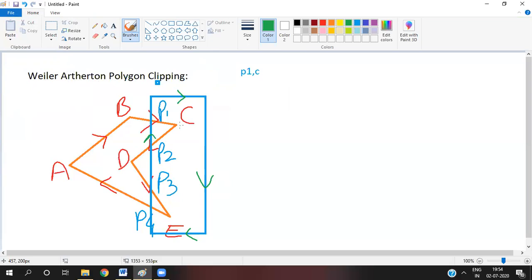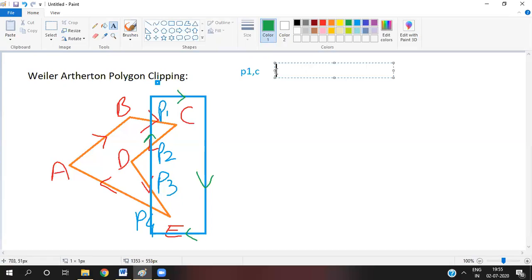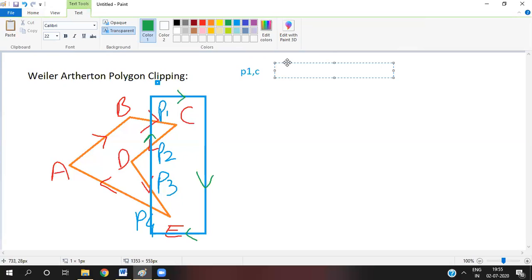Okay. Save P1 and C intersection points. Okay. Now we are moving from inside to outside. At that time, follow which boundary? Window boundary.